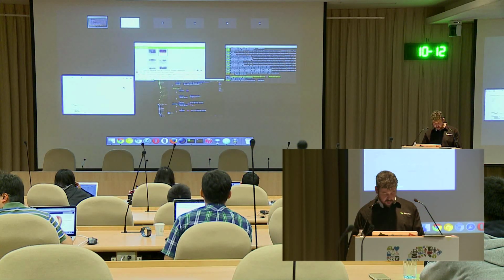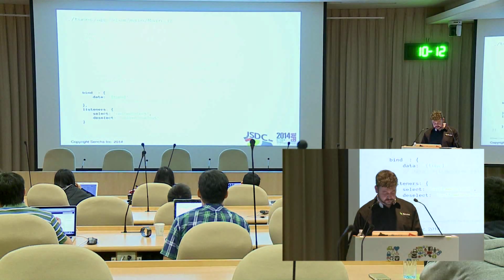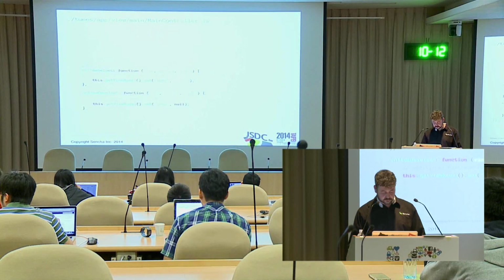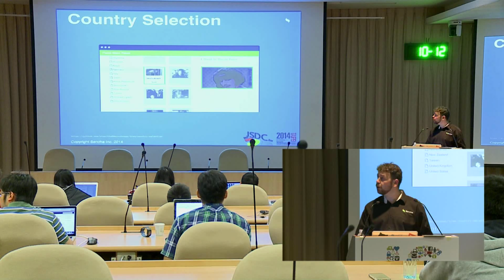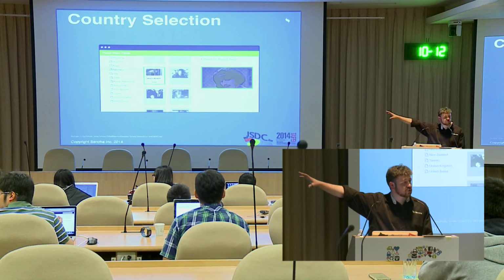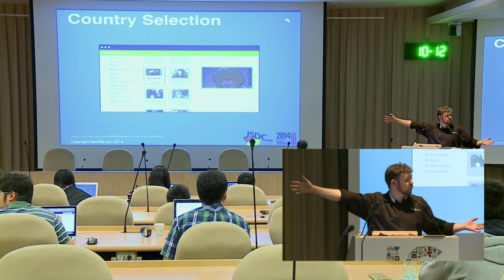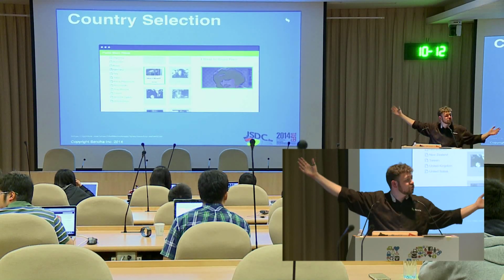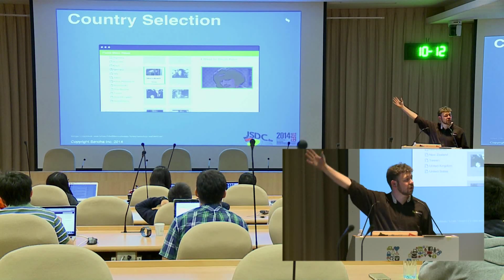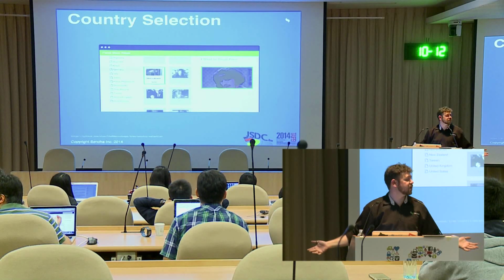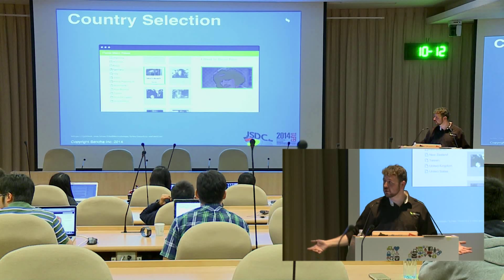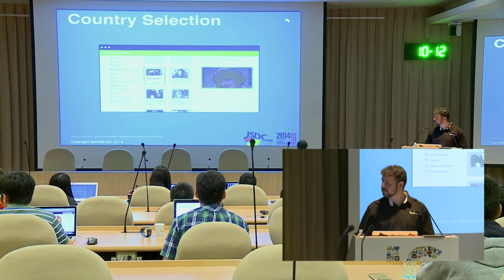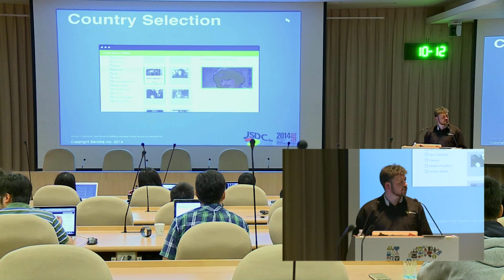Let me go back to our presentation. So now we want to have our country selection, because we might not just be building that for Taiwan, but maybe for international use. So let's see what other countries have as their top 100 videos on iTunes.